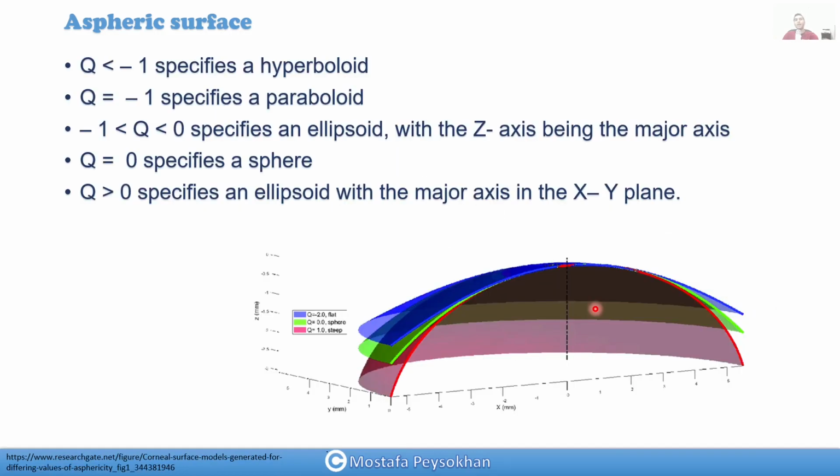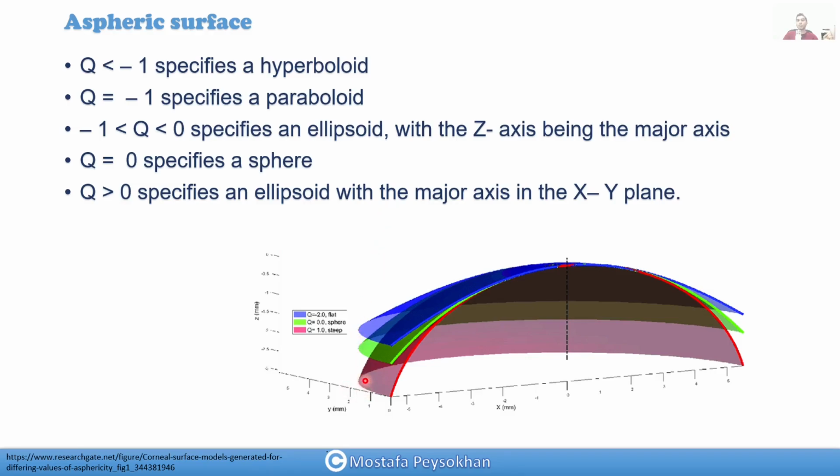Now, when Q is less than -1, we have a hyperboloid. When Q is exactly equal to -1, a paraboloid. When Q is between -1 and 0, this surface we call an ellipsoid. When Q is equal to 0, this is a perfect sphere. When Q is bigger than 0, we call it an ellipsoid with the major axis in the xy plane.